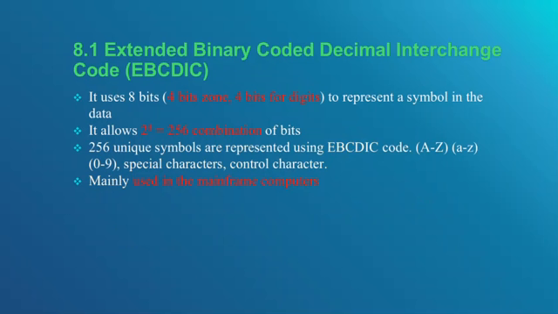It uses 8 bits. 4 bits will represent a zone and 4 bits will represent the digits used for representing data. So it can have a maximum of 256 combinations to represent all the data. It is mainly used in mainframe computers. So you will have only 256 combinations, and with those 256 combinations you will be working.